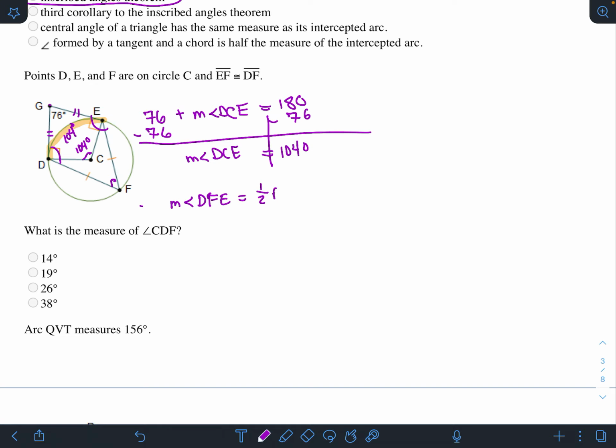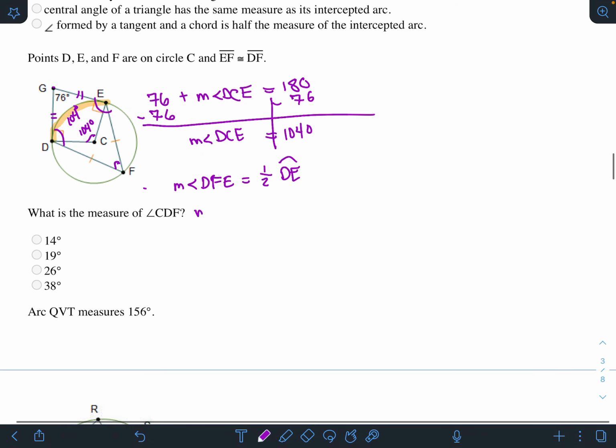So 1/2 the measure of the arc DE. Now I know what the measure of arc DE is. It's 104 degrees. So 1/2 of 104 gives me 52 degrees. So this angle down here is 52 degrees. Okay, we are well on our way.